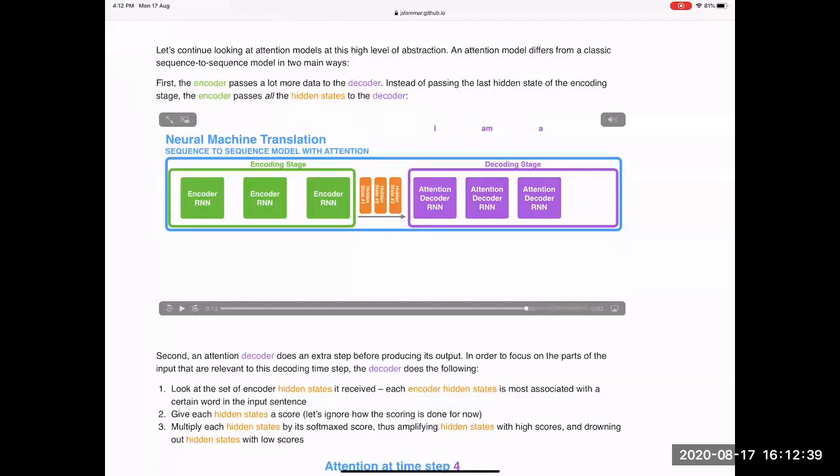Use that along with my own hidden representation, and then predict I. So now you can see that instead of one single hidden representation, the network at every time step is learning that when I am predicting I, at the 5th time step, I have to give more weightage to hidden state 1.